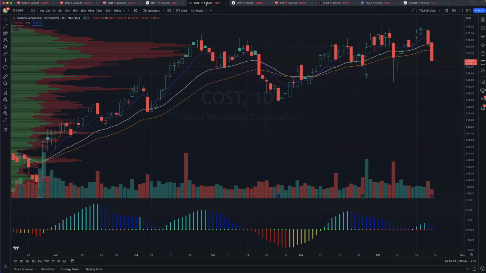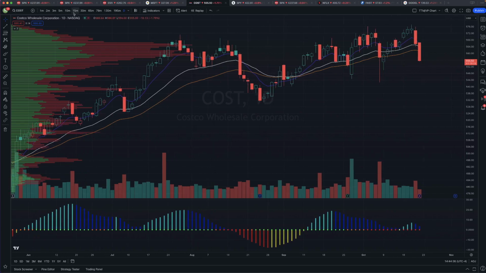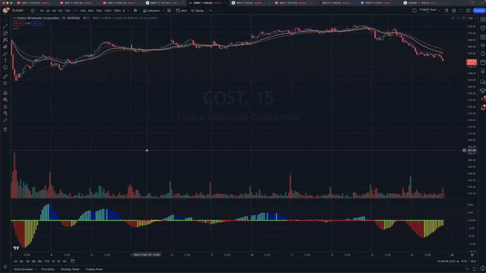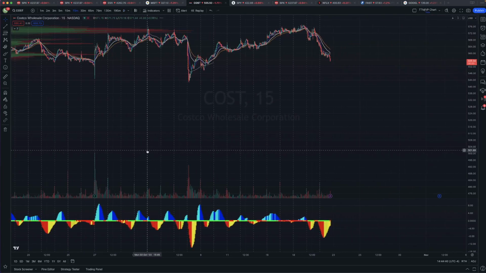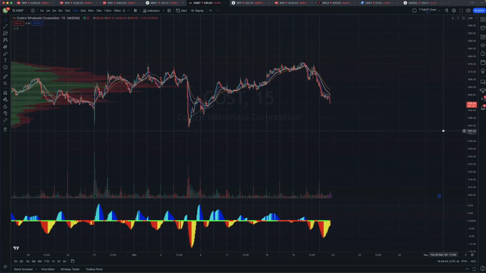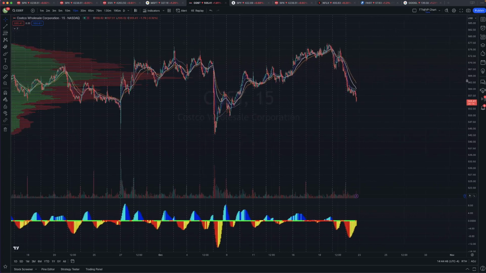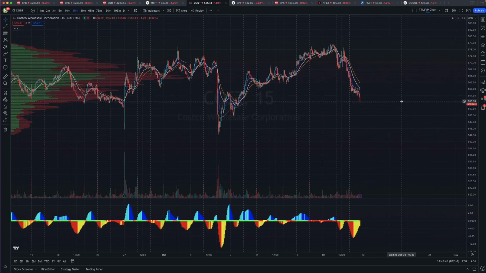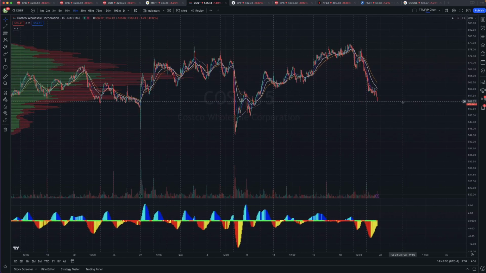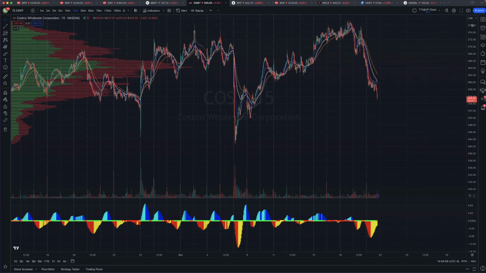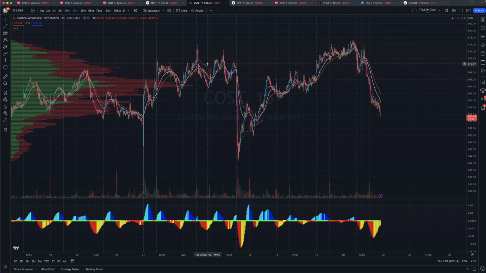But if we're coming in here to look at a 15-minute chart on Costco, right? Let's say I think Costco is going to continue falling, and I want to find out where I think it's going to bounce. So on this larger time frame chart, there's a lot going on.